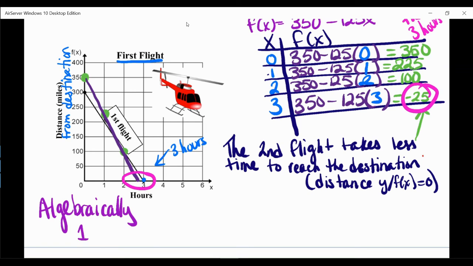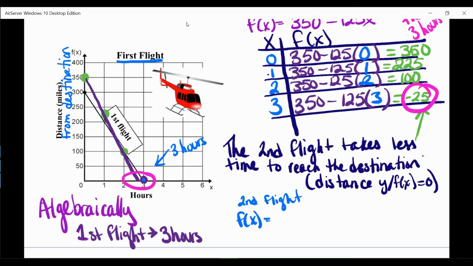Now, we don't have a function for the first flight. However, it's pretty clear that it got there in 3 hours. We do, however, have a function for the second flight, and that's f of x equals 350 minus 125x.